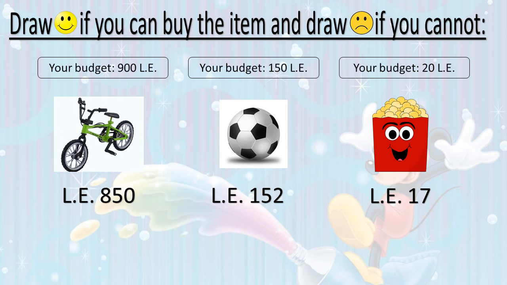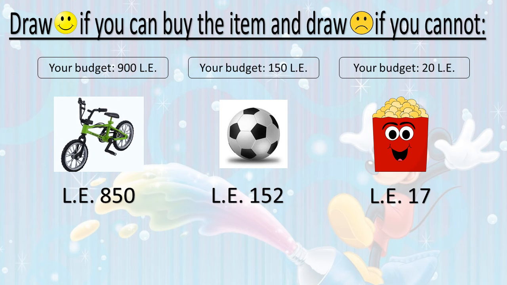But if the price of the item is more than your budget, you cannot buy this item because it's over your budget. And if you want to buy more than one item, add their prices together to make sure you don't go over your budget. Like here, if your budget is 900 Egyptian pound and you want to buy a bicycle for 850 Egyptian pound, is it over your budget or under your budget?